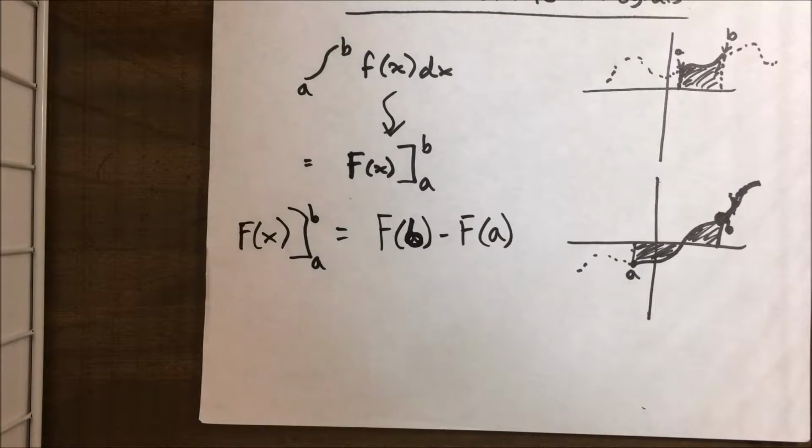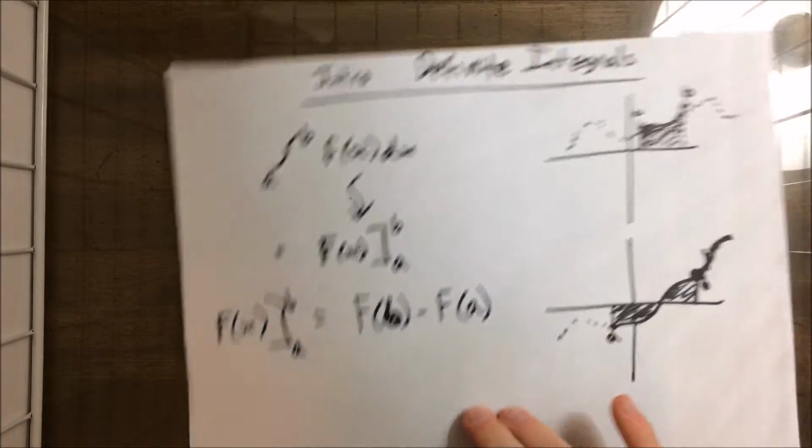Basically you're taking the end and subtracting the beginning to know what's in between.